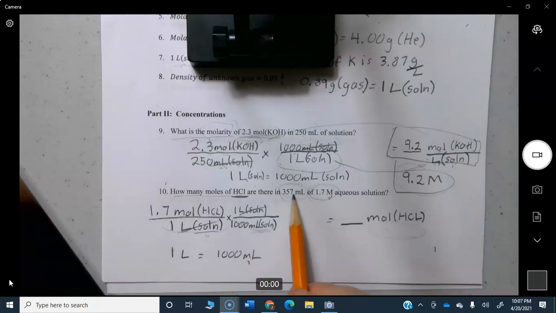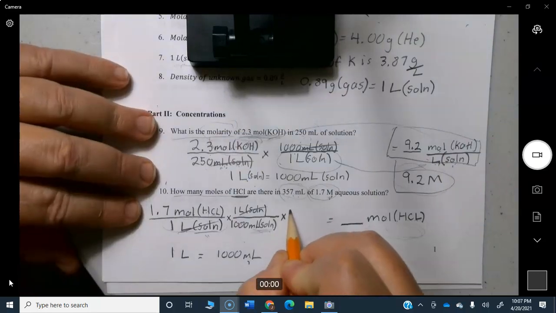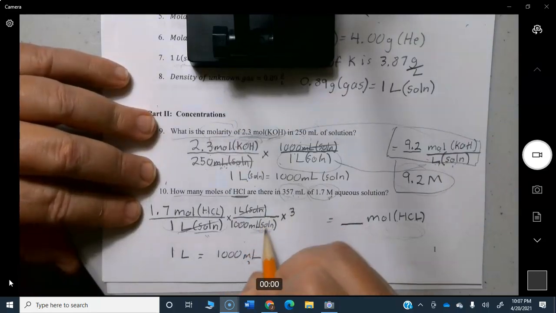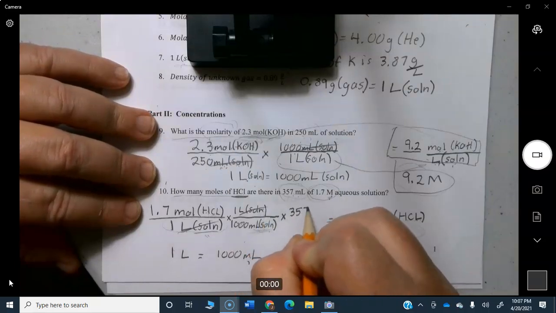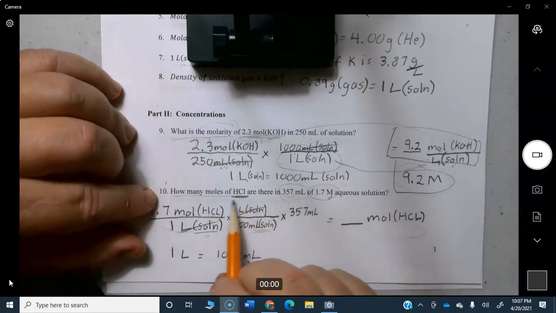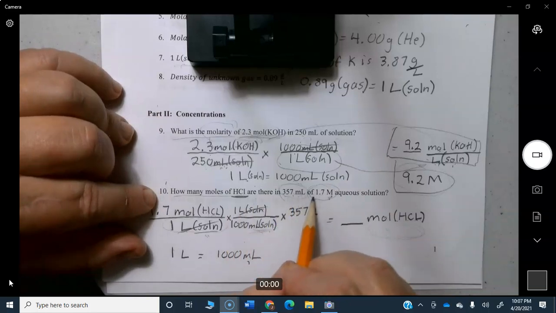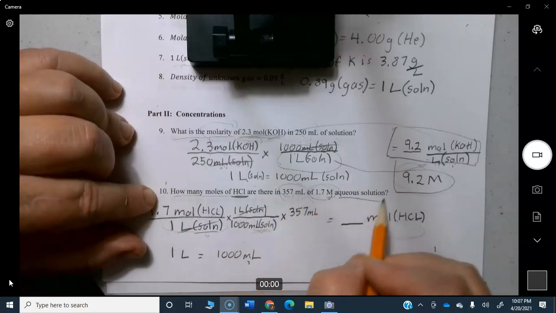Well, that's where this number comes in. And again, that may not have been obvious to you. I gotta tell you, when I first started doing these, that wouldn't have been obvious to me. But you just kind of play with the units until you get them like puzzle pieces to fit together where everything works well. Okay, so I'm going to put that 357 up on top. You don't always have to have a ratio, a fraction, numerator, denominator. In this case, you just have a top, 357 milliliters, and it says how many moles of HCl are there in 357 milliliters of 1.7 molar aqueous solution.